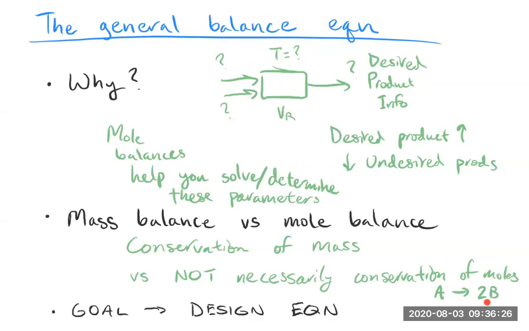So where we're going is to basically then take these mole balances and get towards our ultimate goal of design equations, which is what we call essentially any of these simplified equations that govern what happens in a particular reactor system.